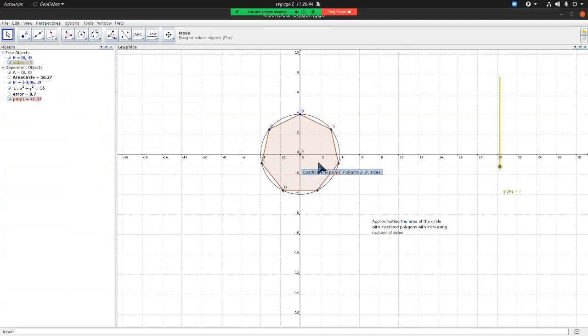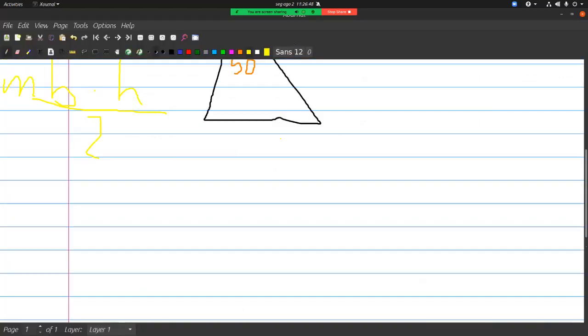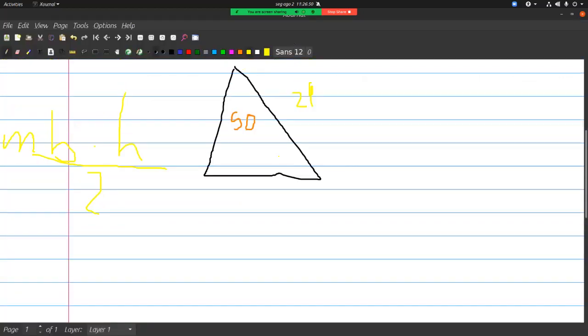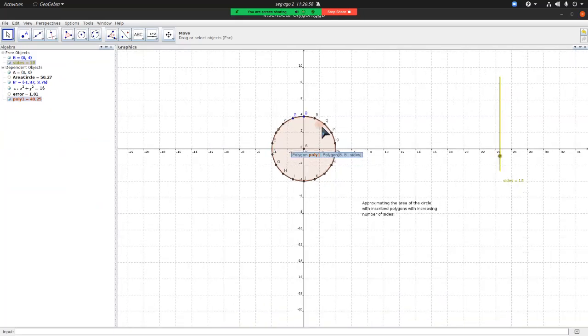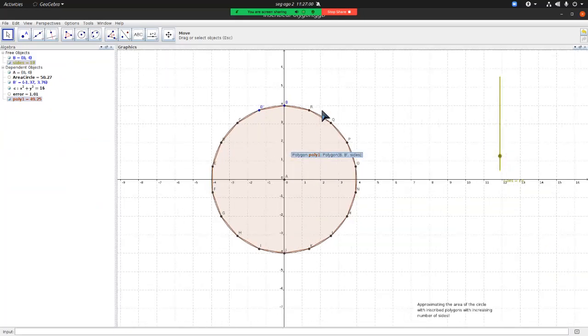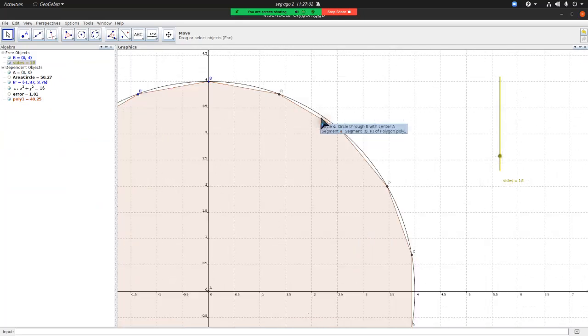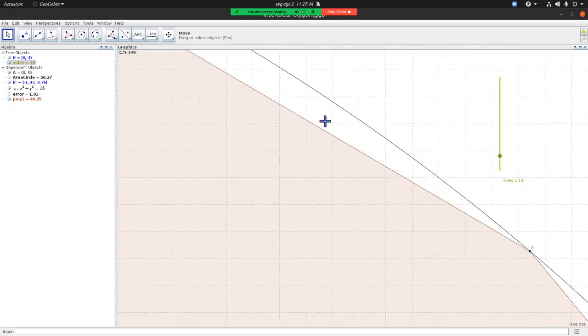Each time, this height gets closer and closer to the radius. As you can see, it's almost touching the circle. If I zoom in, we can see that it gets closer and closer.